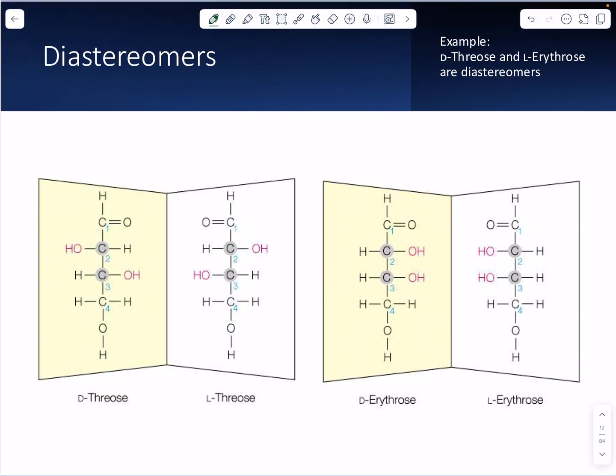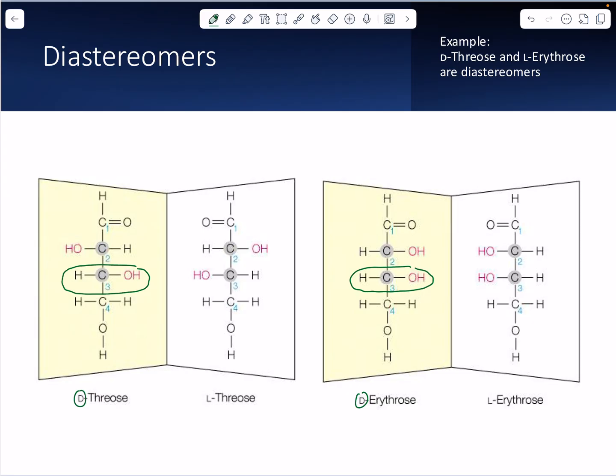We can have the same D designation, because our highest numbered chiral carbon here is carbon number 3, since this is a 4-carbon aldotetrose.